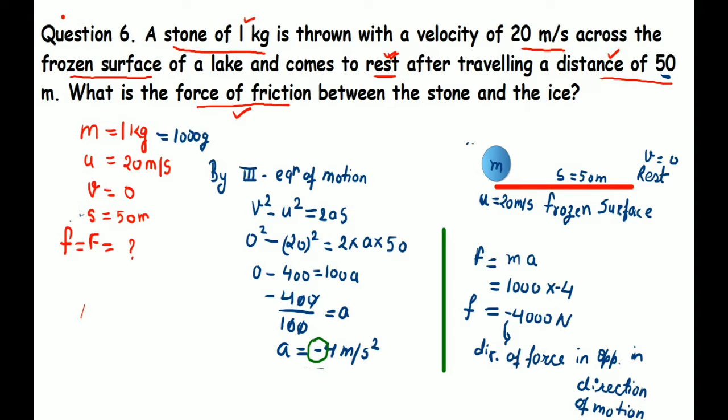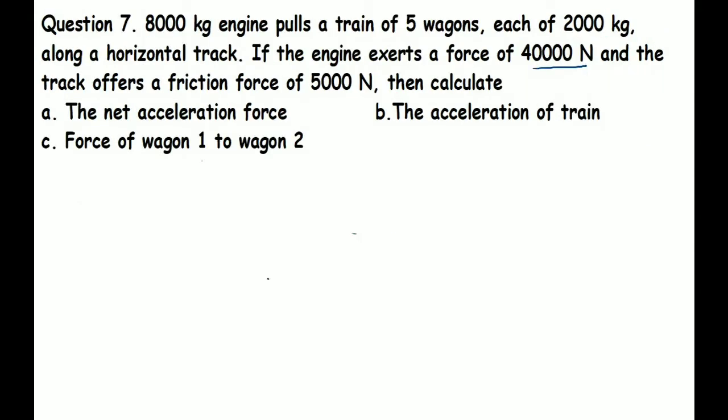Now moving to our next question, students. In the next question, an 8000 kg engine pulls a train of 5 wagons, each of 2000 kg, along a horizontal track. The engine exerts a force of 40,000 Newton, and the track offers a frictional force of 5000 Newton.